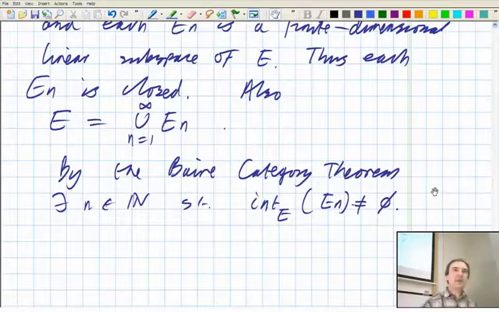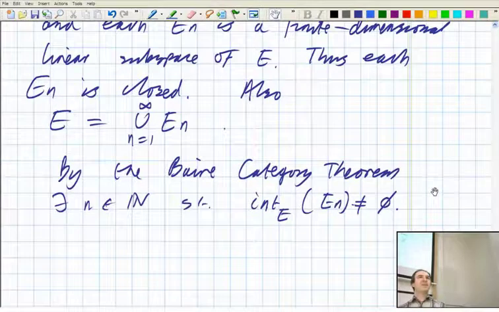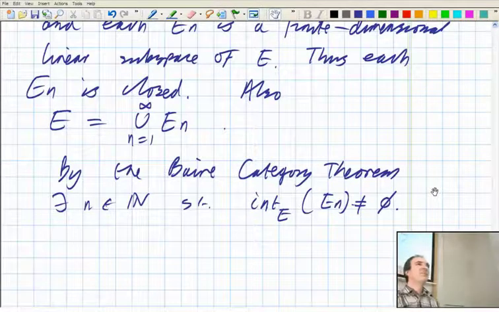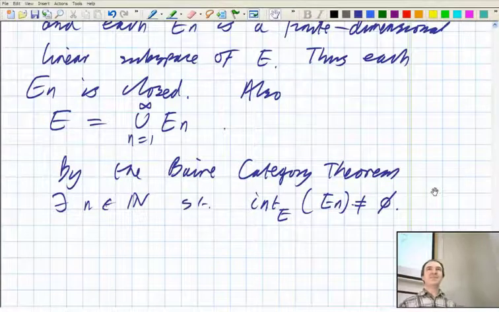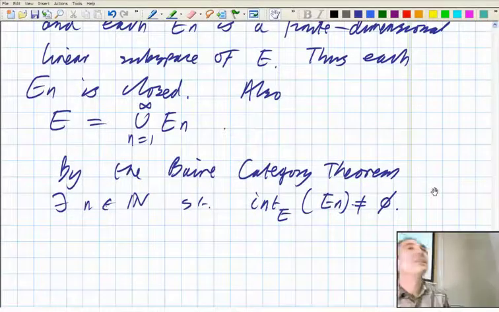Okay, so at least one of these linear subspaces has got non-empty interior. What did I say about that? What happens if you've got a linear subspace of a normed space and it's got non-empty interior? It must be equal to the whole space.